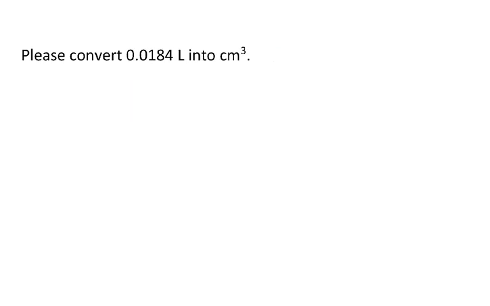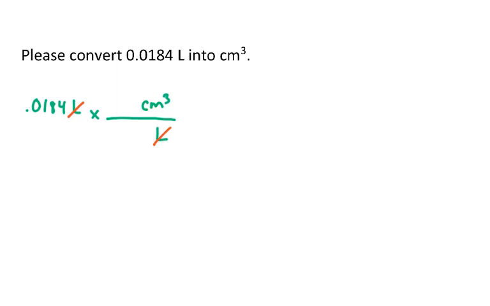Let's look at another problem that asks us to convert 0.0184 liters into centimeters cubed. Again, we start by writing the measurement on the far left. Then, we multiply by a conversion factor. Since liters is in the numerator on the left, it needs to go in the denominator on the right. This is so that unit cancels out.